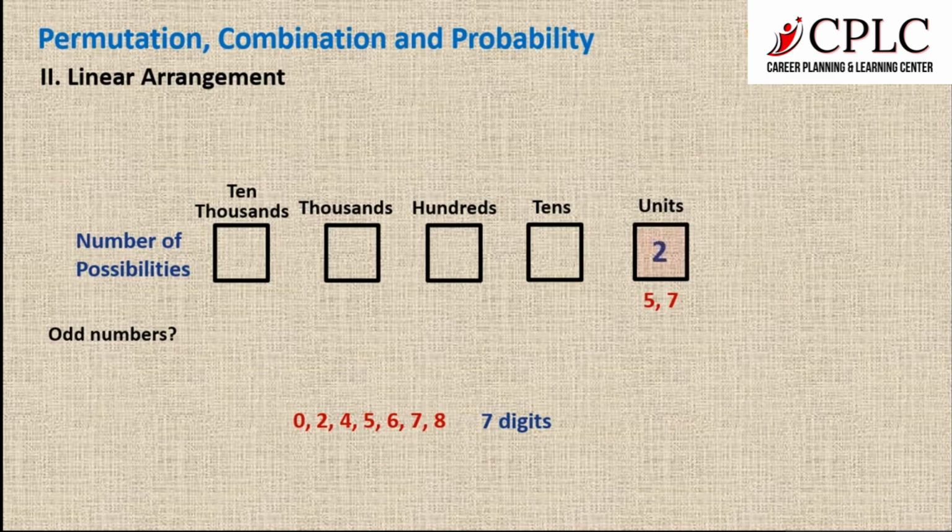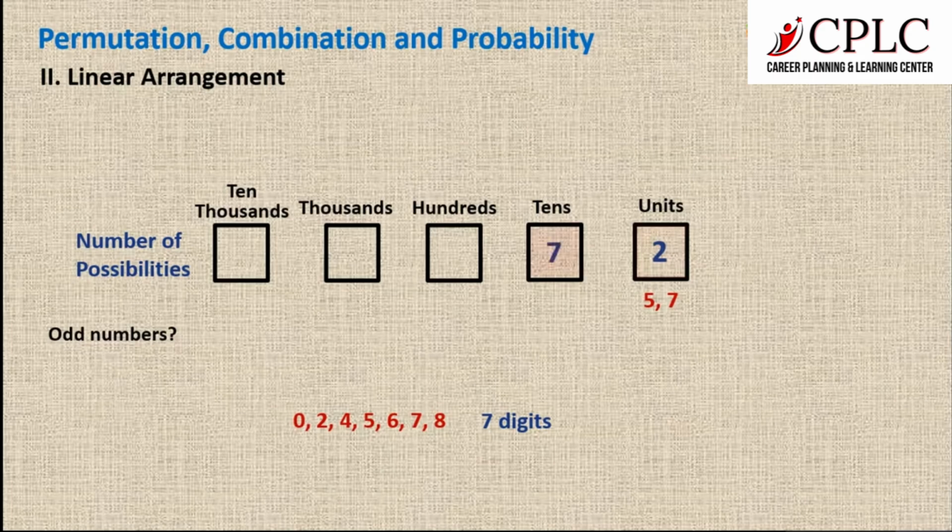Now when you talk about the 10,000s place, there is an unsaid restriction that 0 cannot come there, because if 0 comes there, then the number will not be a 5-digit number, it will be a 4-digit number. So ideally, repetition is allowed, so except 0, the remaining 6 digits can come at the 10,000s place.